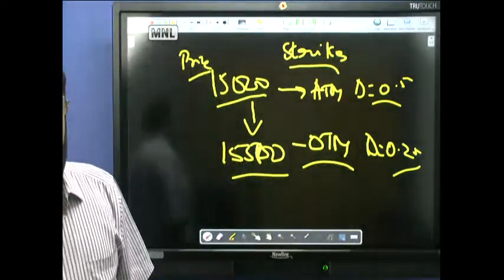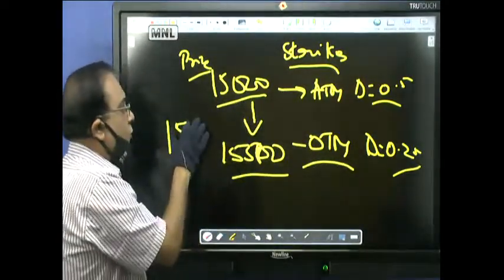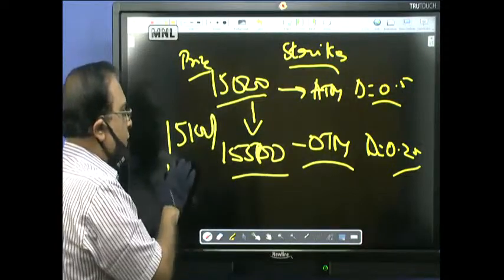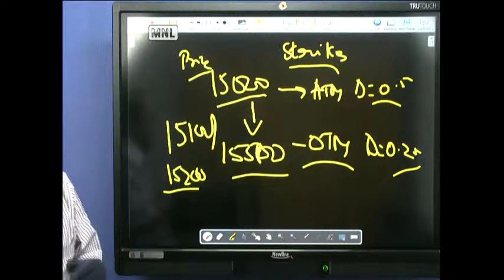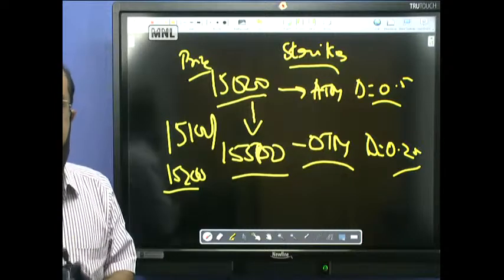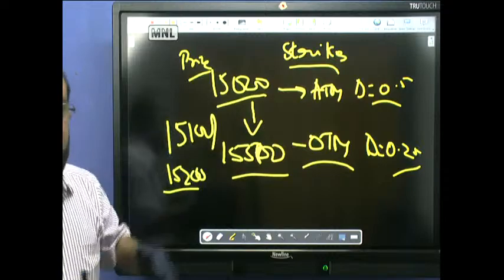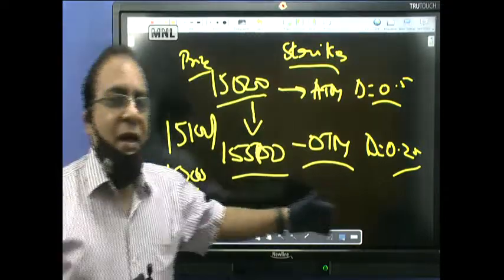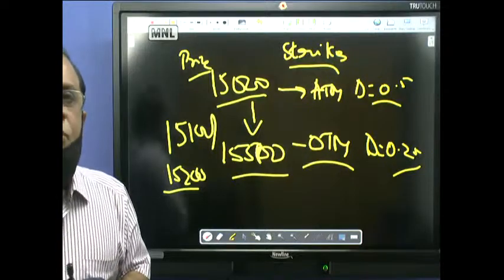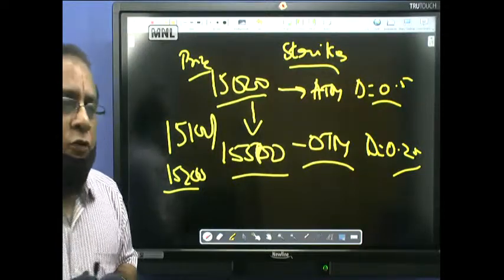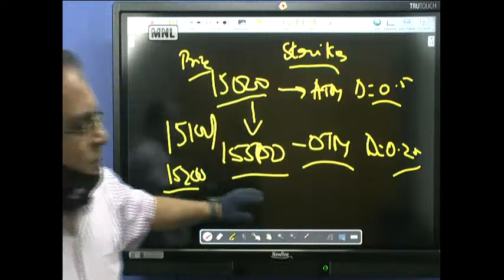But if only 2-3 days are left and the market is at 15,000, then even 15,100 or 15,200 can be a delta of 0.25, because as time approaches closer to decay, a price even quite close to the present price will carry a higher delta. So over a period of time, the delta for the strike prices will keep moving closer to the at the money forwards. So the delta right now is nothing but a probability.